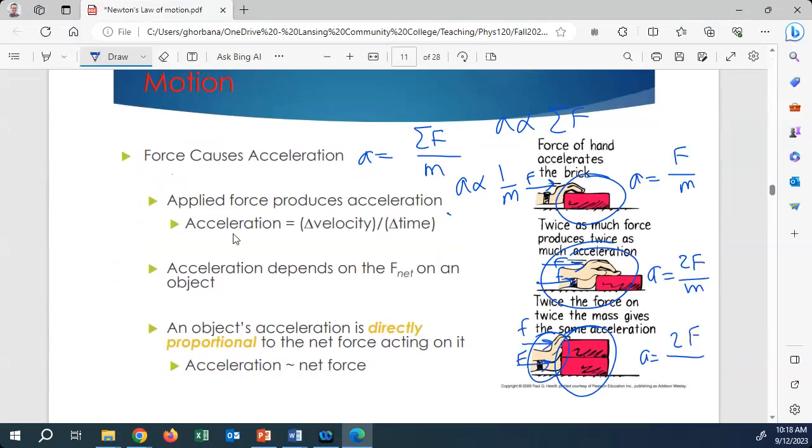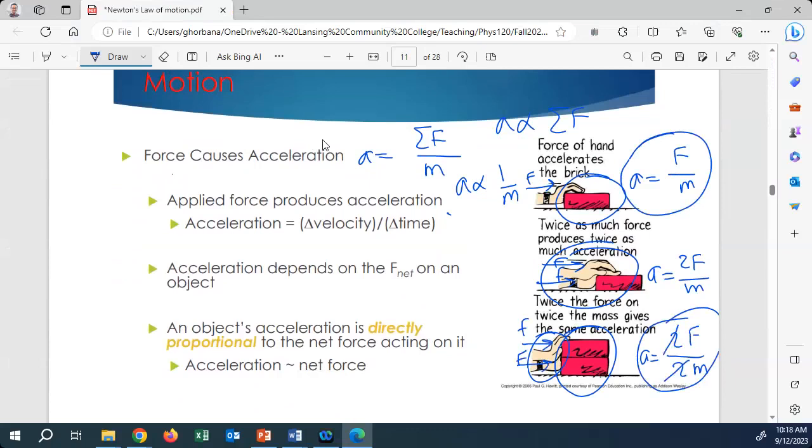How many masses do we have? Two masses. 2 and 2 cancel each other, it is going to be exactly the same as the first one. F divided by M. So mass is inversely related to the acceleration and the force is directly related to acceleration.